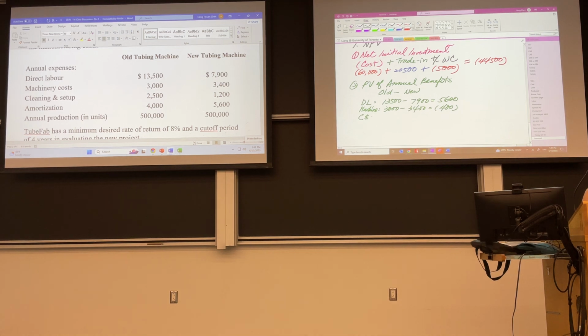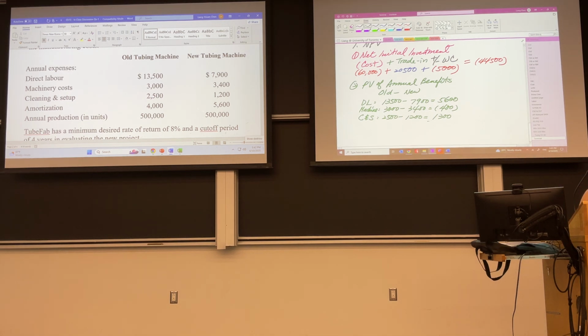Cleaning and set up, 2,500 minus 1,200, so I save 1,300. Please do not include amortization. If you include amortization, everything is wrong.